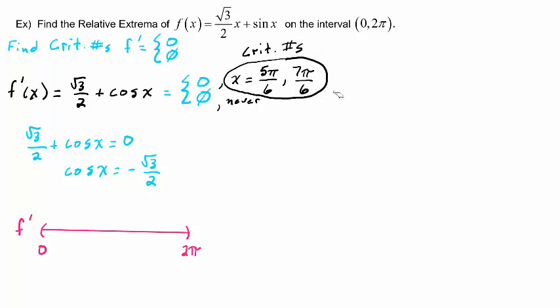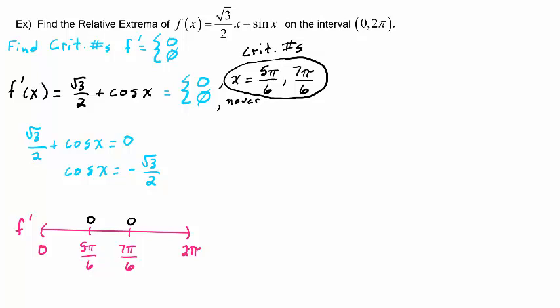Then we put these two critical numbers on there, 5 pi over 6 and 7 pi over 6. We know at these two critical numbers, 5 pi over 6 and 7 pi over 6, the derivative is equal to 0. So let's put those values on the sine line graph.